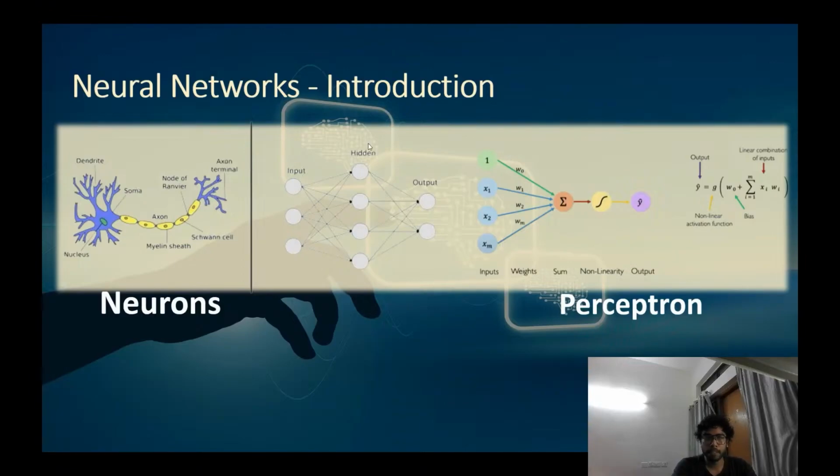Now, what could be the simplest form of a neural network, right? The simplest form that we can imagine is this perceptron, the image on the right. We'll start from this simple example, and then we'll move forward and try adding more and more layers to it, and see how the whole network performs.